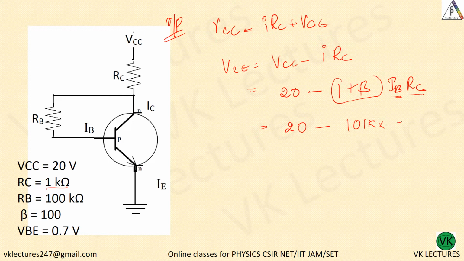IB is 9.65 milliampere divided by 100. Okay, leave that. So what we are getting is 100 you can cancel it out. So 20 minus 9.65 volt, which is nothing but 10.35 volt.